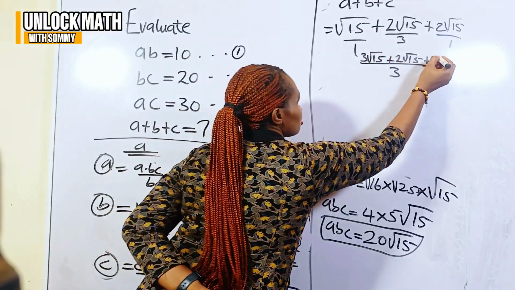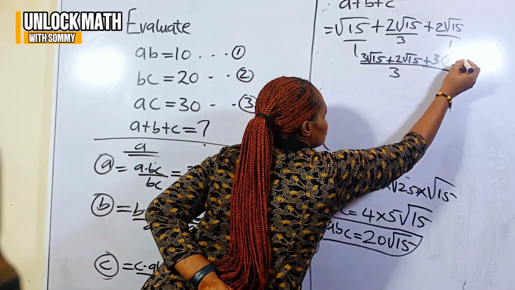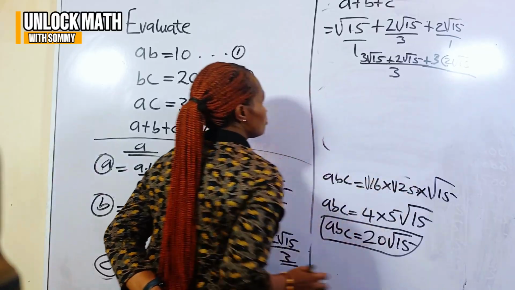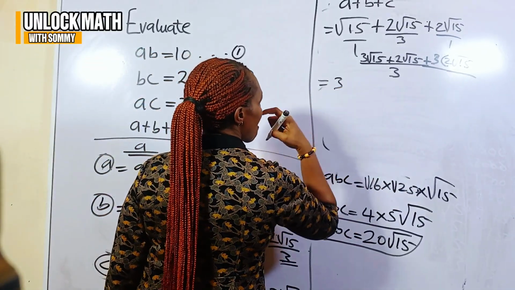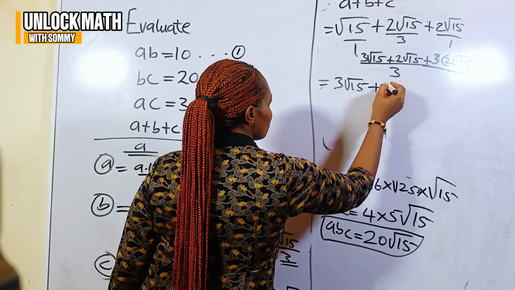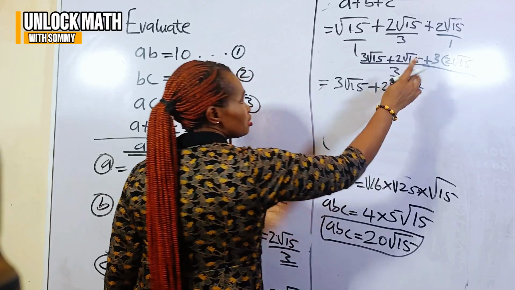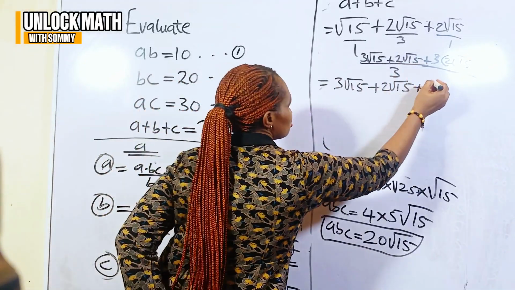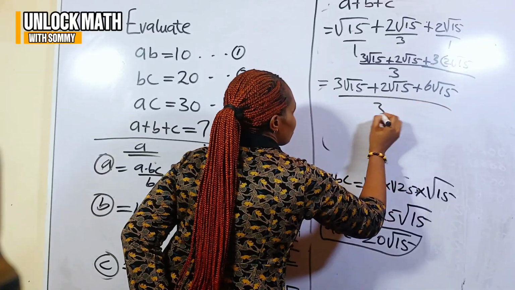Let's have it as 3 times 2 root 15. Now, if we add, we have 3 root 15 plus 2 root 15 plus 3 multiplies 2 is 6 root 15, all divided by 3.